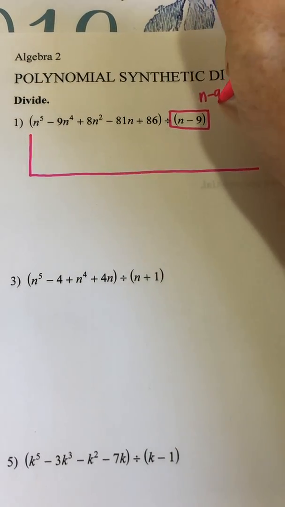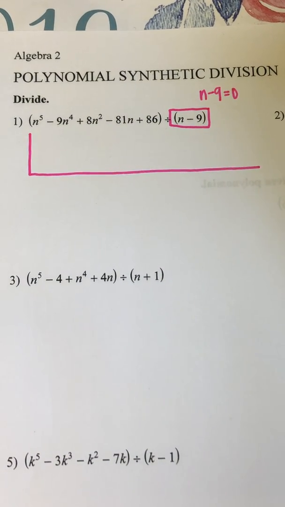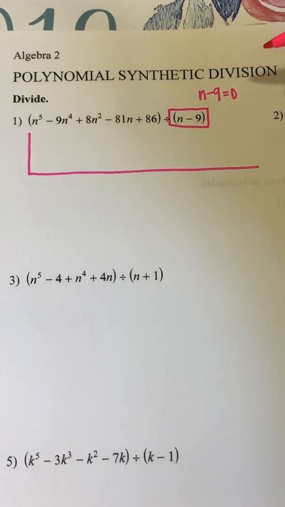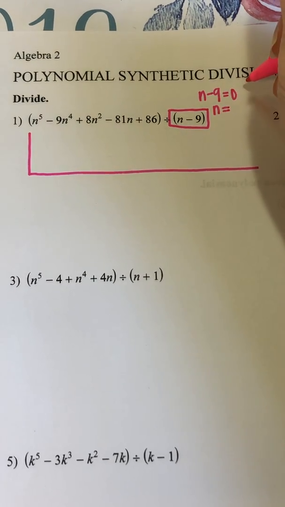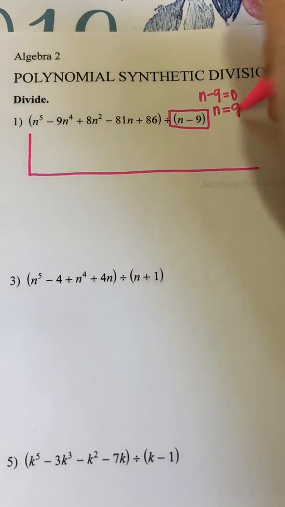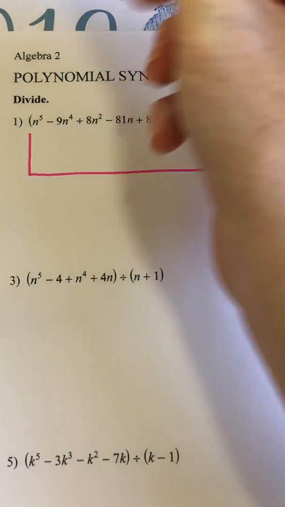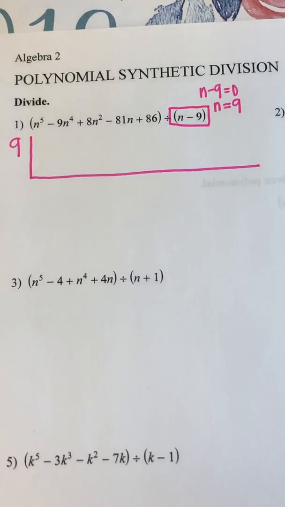I need to know what my solution would be if I set this equal to 0 and solved. How do I get rid of a minus 9? Add 9. So, because this is 9, I'm going to put a positive 9 on the outside of my synthetic division.